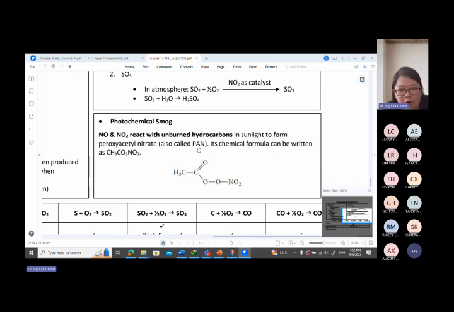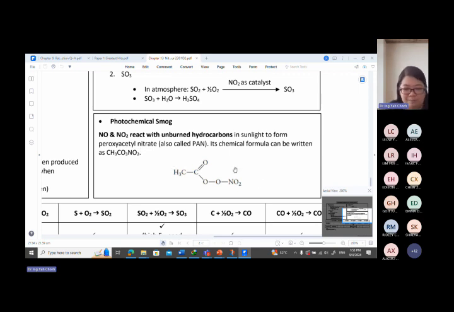Now, how is this formed? A reaction between nitrogen oxide, nitrogen monoxide or nitrogen dioxide, with unburned hydrocarbon. So again, nitrogen monoxide and nitrogen dioxide, or you can generally call it nitrogen oxides, react with unburned hydrocarbon in sunlight, then it will form PAN, peroxyacetyl nitrate.